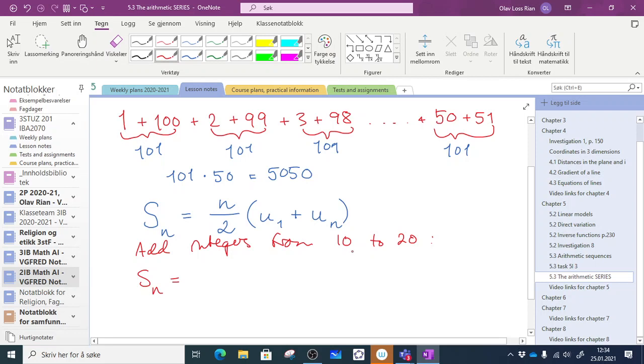So 10, 11, 12, and so on. No, it's a trick question. It's 11. So we take 11, divide by 2. First term is 10. The last term is 20, and we get, what is that, 5.5 multiplied with 30.